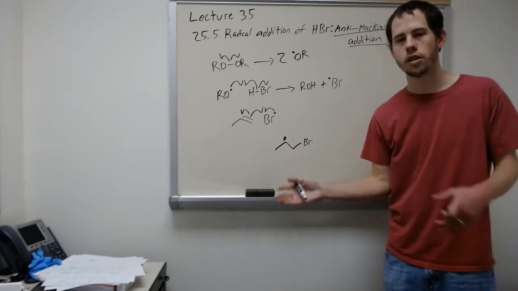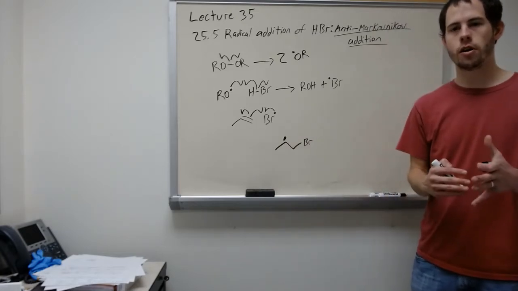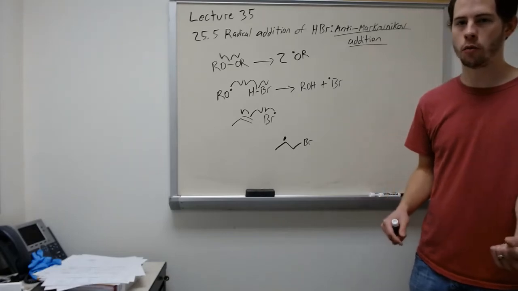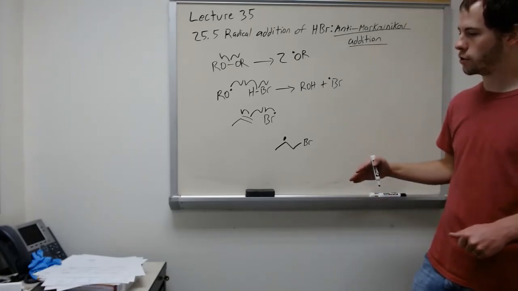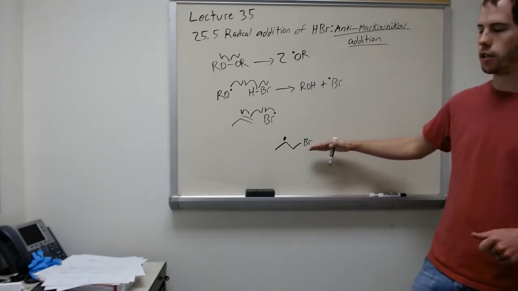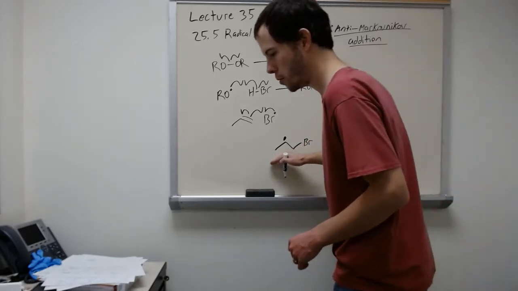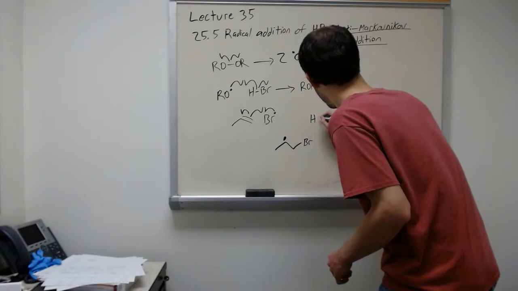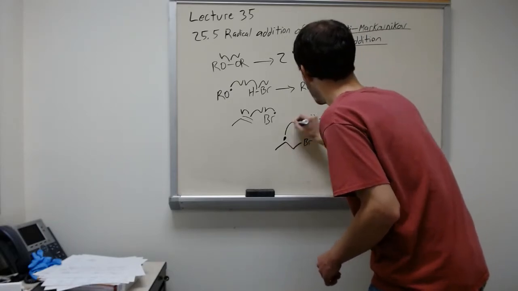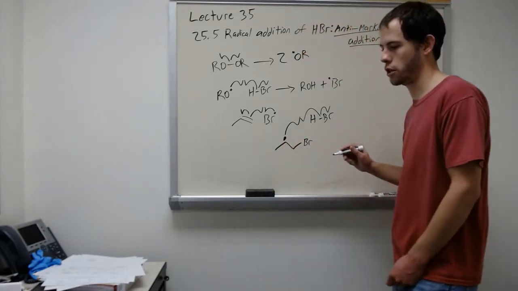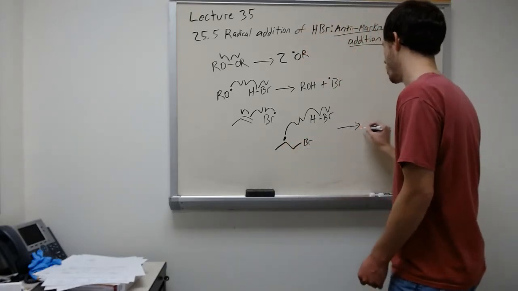And so notice in the previous mechanism that I just talked about from the spring, we add the hydrogen first and then the bromine. In the radical reaction, we add the bromine first, and then we're going to add the hydrogen second. And so we bring back in another HBr molecule, and we pick up a hydrogen from that to give us our final product.